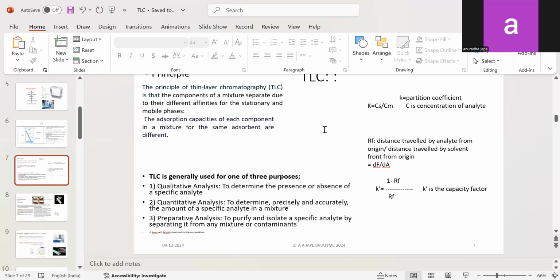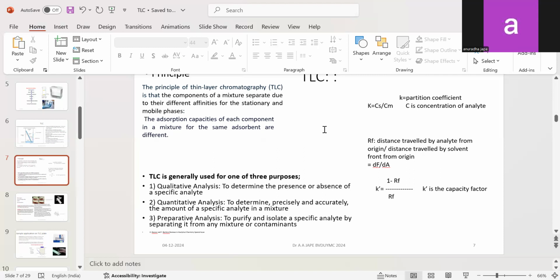TLC is generally used for one of three purposes. The first is qualitative analysis, to determine just the presence or absence of a specific analyte in a given sample. Second is quantitative analysis, where you determine precisely and accurately the presence of the analyte and quantify its amount present in the mixture.